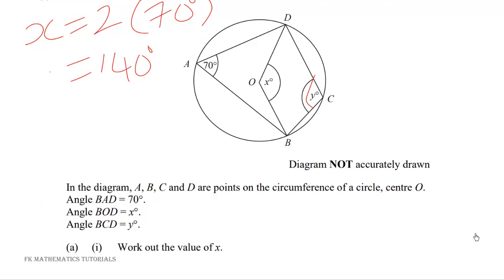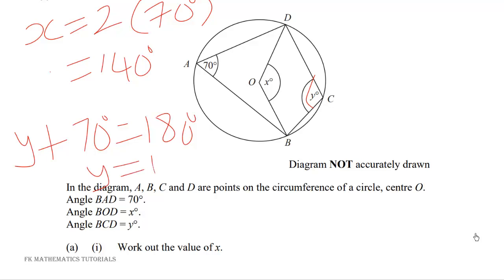Then also Y plus 70 degrees will be equal to 180 degrees. Opposite angles of a cyclic quadrilateral add up to 180. So Y equal 180 minus 70, and that will give us 110 degrees.